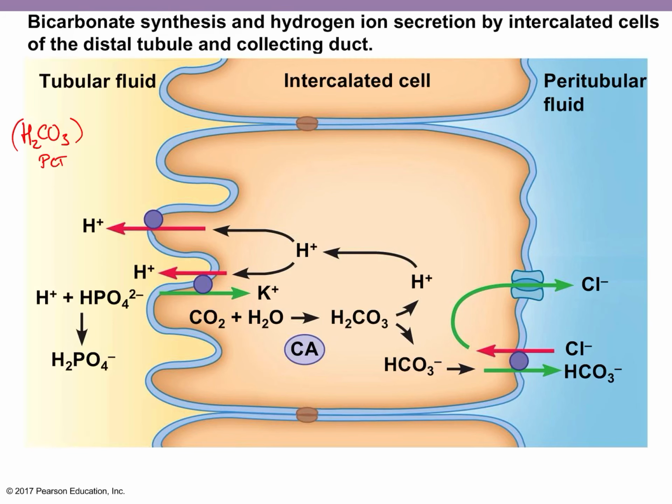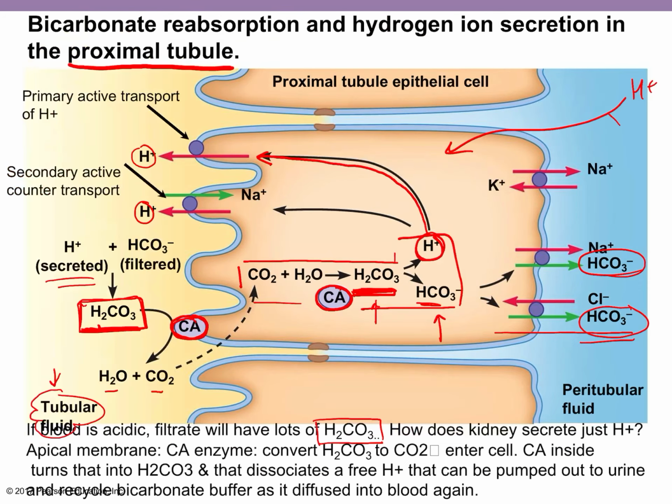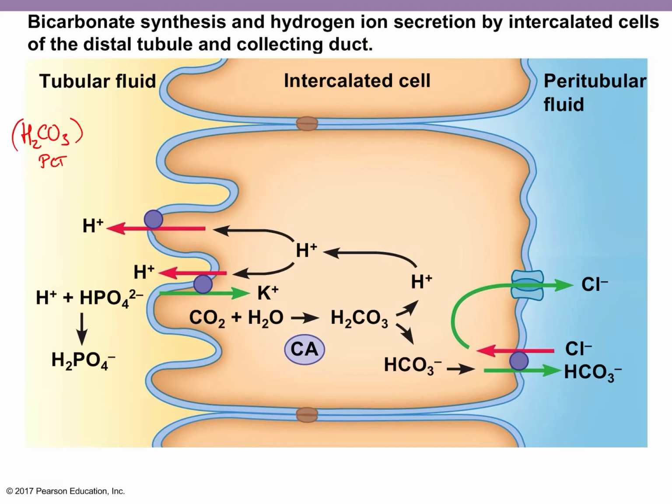That bicarbonate has gone to the bloodstream, right? So this bicarbonate here is going to get pumped back into the bloodstream. We're basically removing what could have been bicarbonate, or taking that out of the filtrate, and we're putting it back in the blood. So by the time that filtrate moves to the DCT, we don't have a lot of this. So we don't have a lot of bicarbonate.